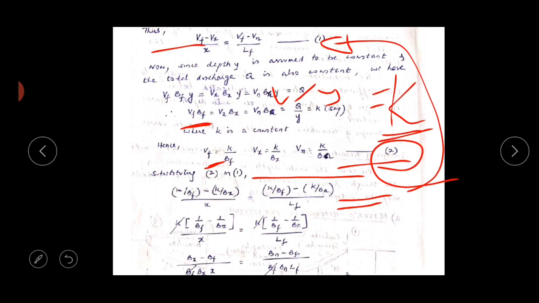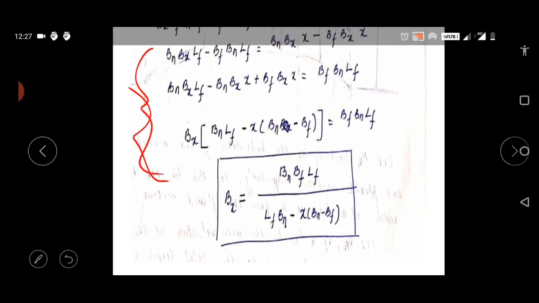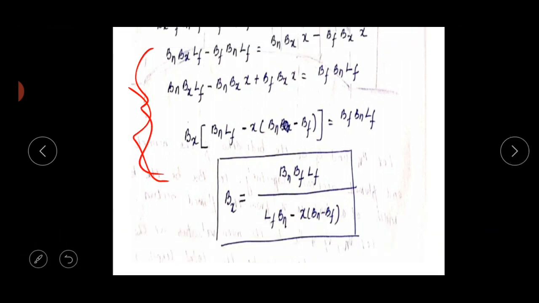In this equation, we'll take out K as common, and overall the final equation will be, after solving, I'm not going to solve it, just while you're practicing, just solve it.